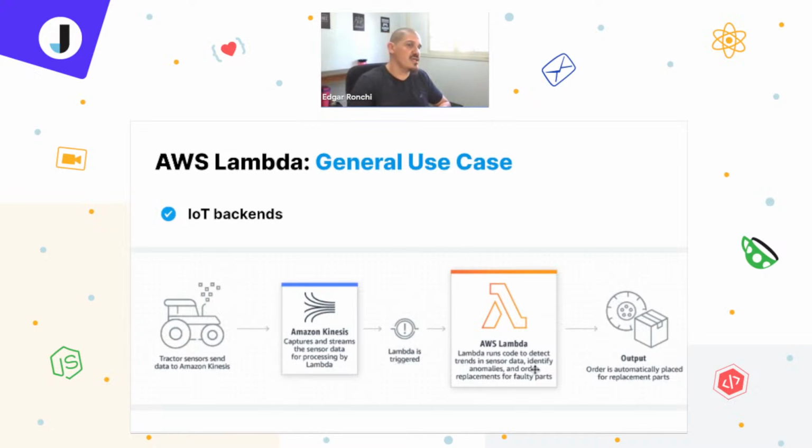Let's say that in your logic, you consider this an anomaly, and it's time to change that piece or part of the tractor. In the end, you can use this data to automatically place an order for replacement parts, or we can add a manual step where it generates the order, but a person can review the order before effectively placing it. So this IoT backend is very interesting to use with AWS Lambda.